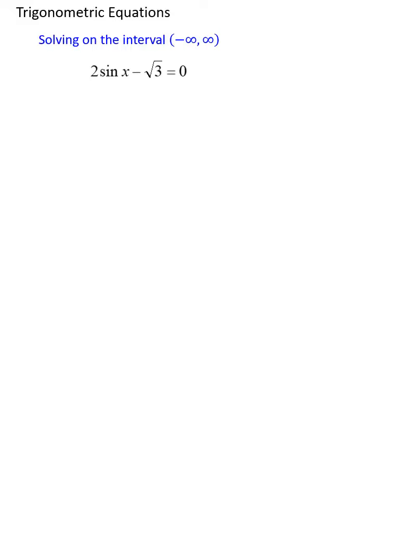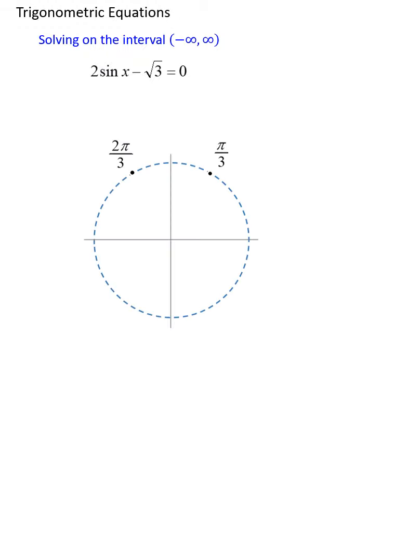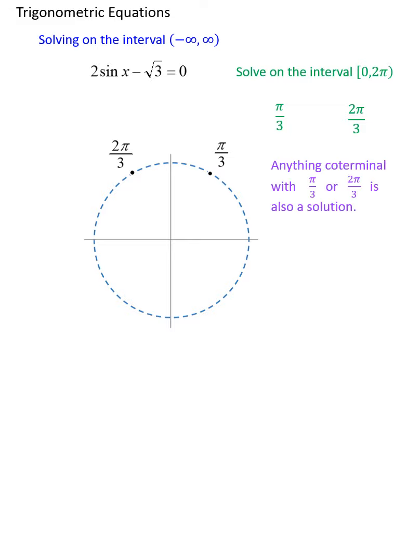Remember this problem from earlier in the video, where when we were only focusing on the answers from the interval from 0 to 2 pi, we found that this equation had 2 answers. We've already done this problem in this video, so I won't go over the details again, but I'm just reminding you that we already did this and posing the question, what if we were given that same question, but asked for all the answers?